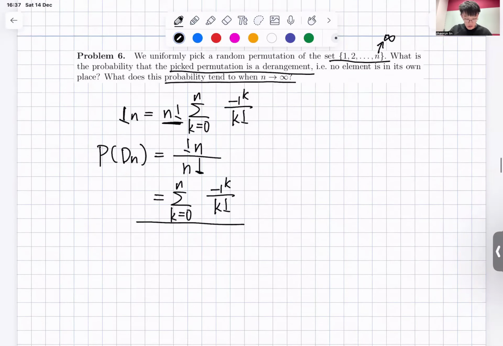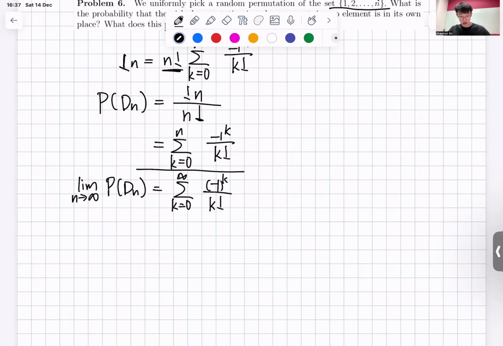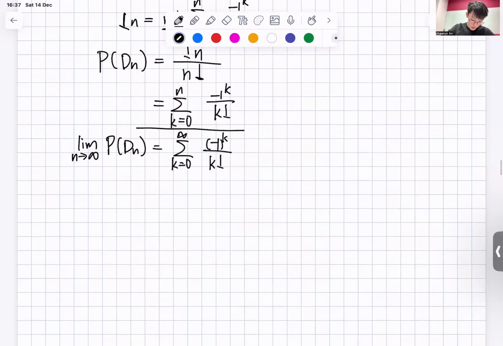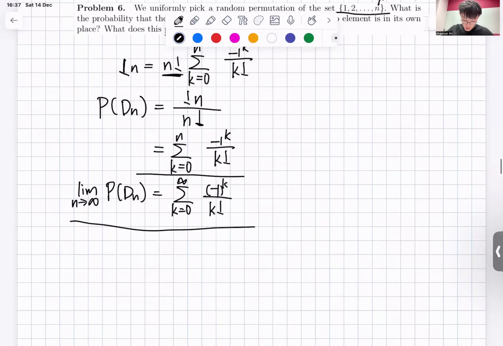And when n tends to infinity, it is this. We have this equation, and we have a Taylor series. You can Google that or find it on Wikipedia.